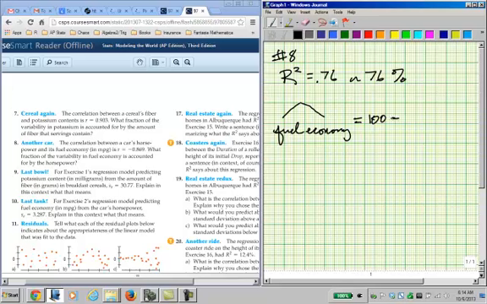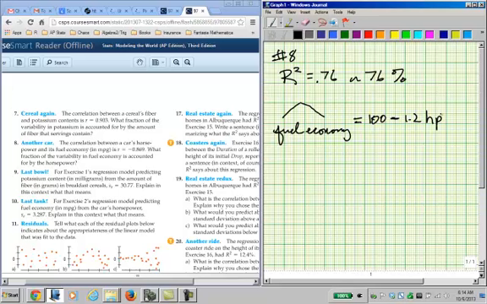And then it would be minus some rate of change. Let's call it 1.2 times horsepower. I don't know what the units for horsepower are. I looked them up a year ago or whatever, but anyway, it has some units. Maybe you scientists know them.